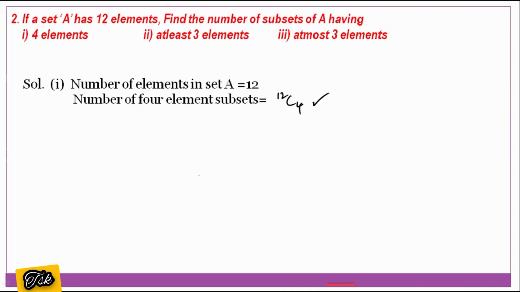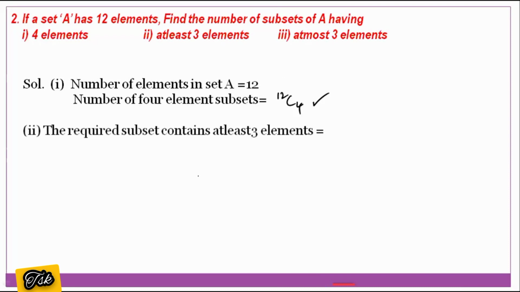Next, the number of ways of selecting at least 3 elements. The required subset contains at least 3 elements, which is equal to how much? At least 3 means 12C3 plus 12C4, 12C5, and so on up to 12C12. Isn't it?